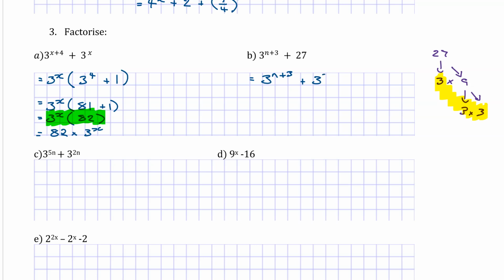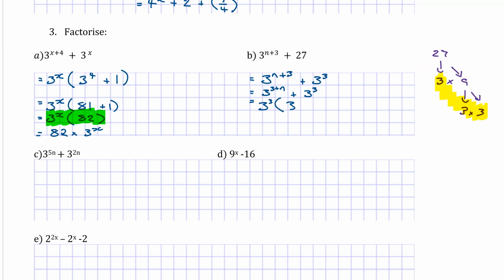which can be rewritten as 3 cubed. Now what we can do is reorder the first expression and say it's 3 to the power of n plus 3, and then 3 cubed. Then we can pull out the factor of 3 cubed.